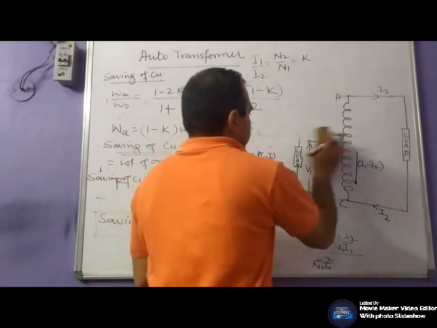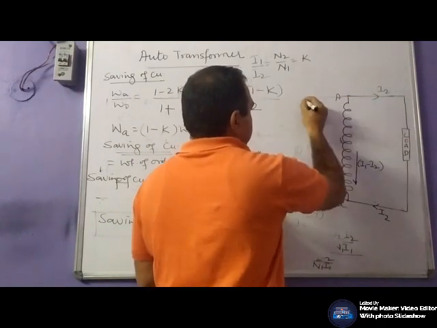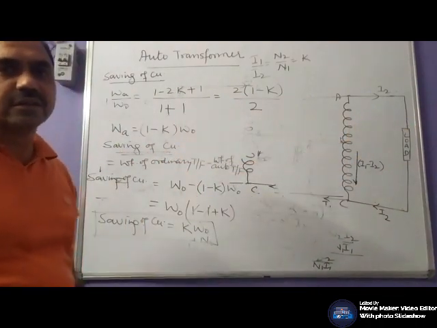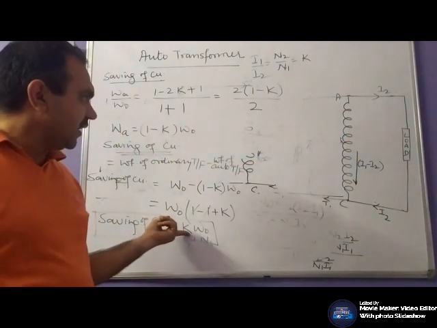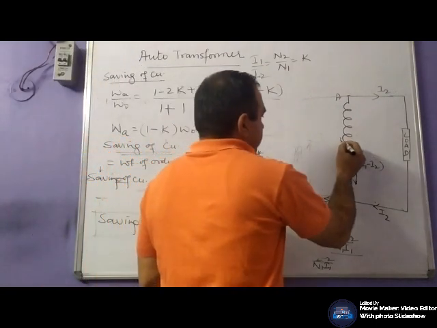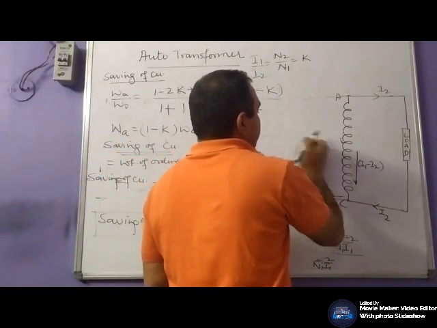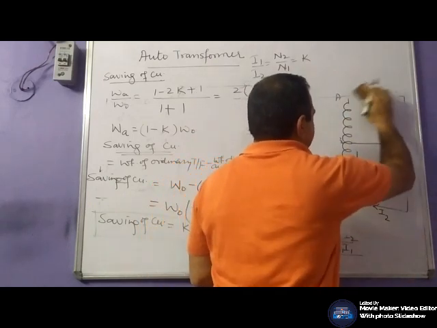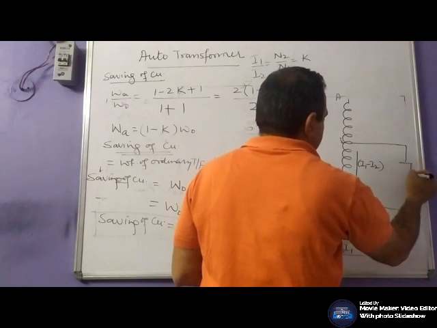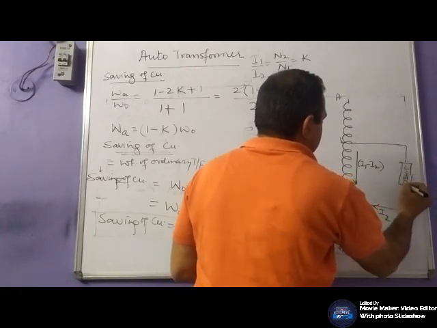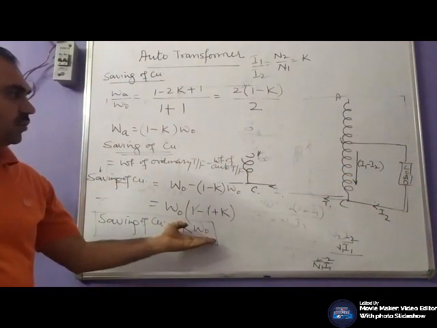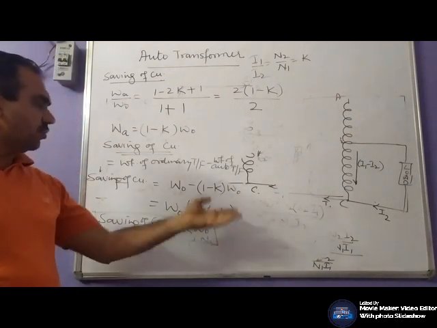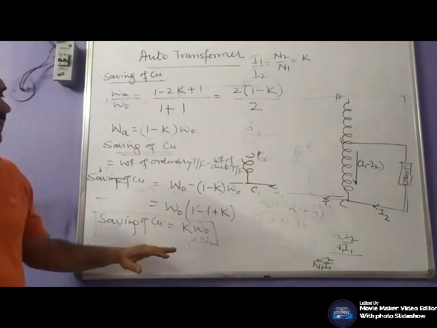For example, if you require a transformation ratio of 1 by 1, no winding is required. You can directly connect it. If the transformation ratio is 0.5, then K times the ordinary means 50% copper saving is there, and so by this we can save the copper.